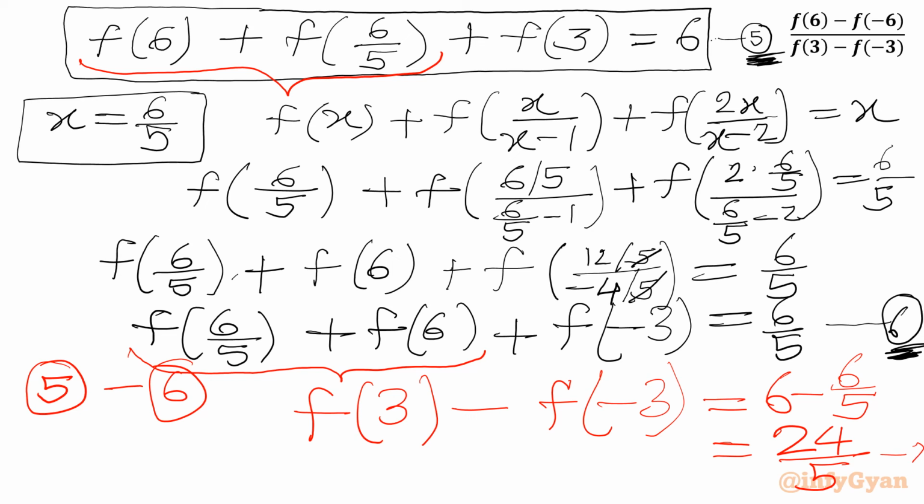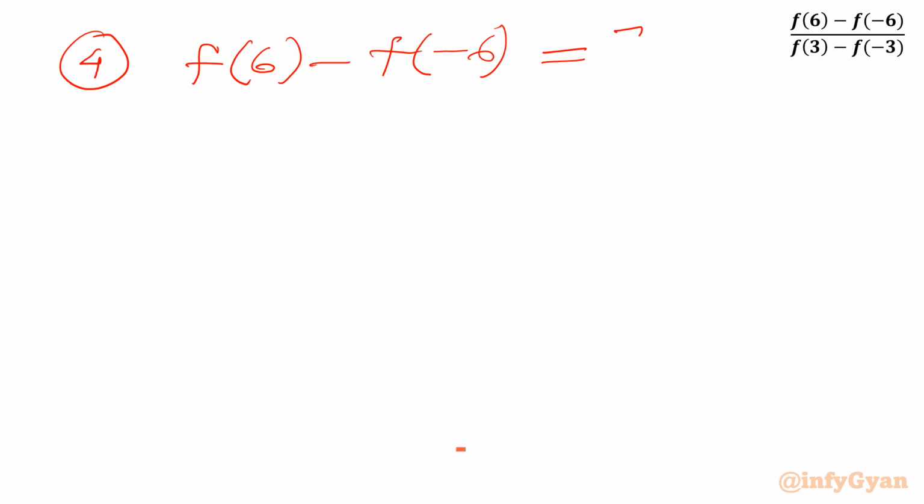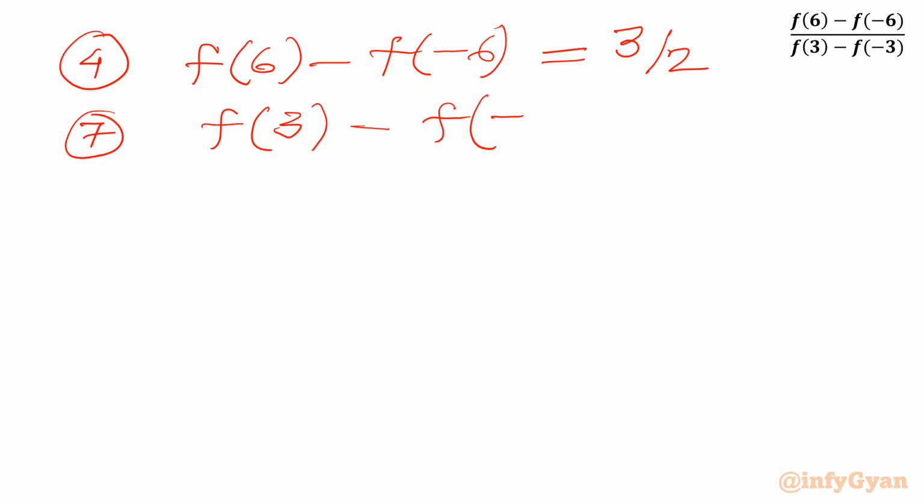This equation I will call equation number 7. Now we will use equation 4 and equation 7. Equation 4 was f(6) minus f(−6) equal to 3/2, and in equation 7, f(3) minus f(−3) has the value 24/5.